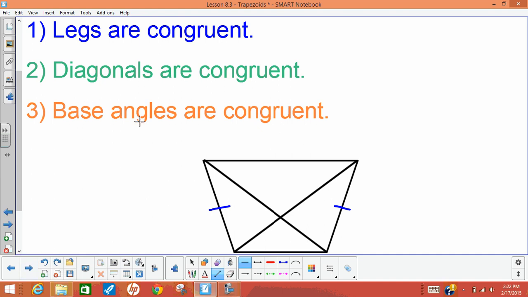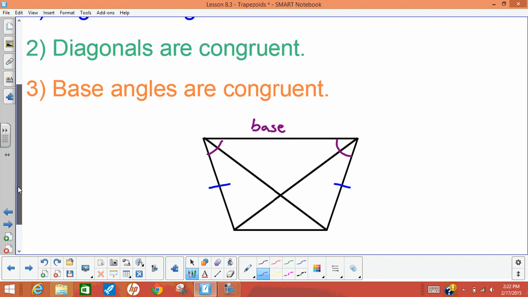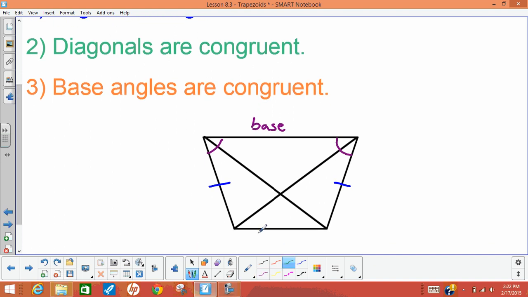And we also know that the base angles are congruent. So that means if I go to one base, so here's one of the bases, that angle is congruent to this angle. I go to the other base, that angle is congruent to that angle.